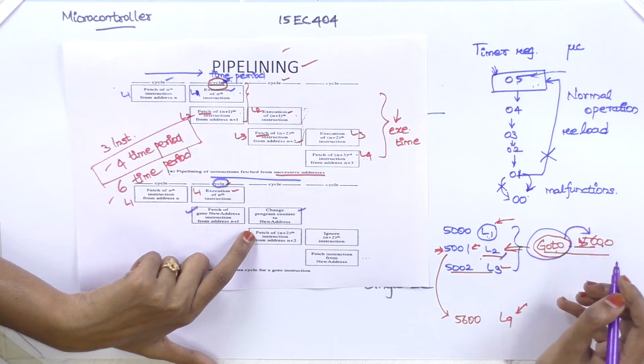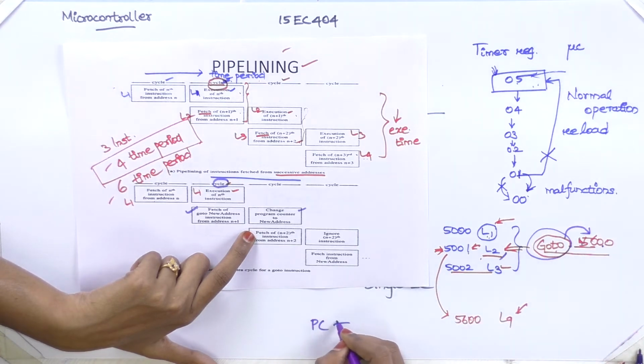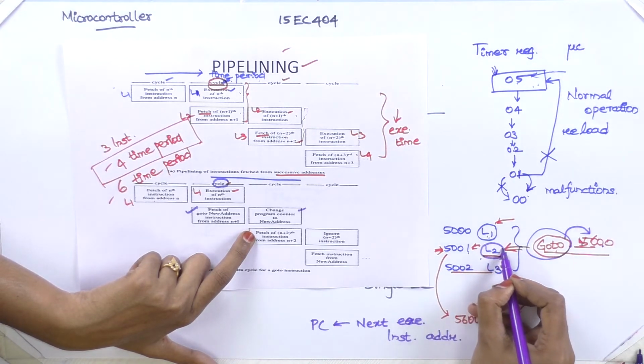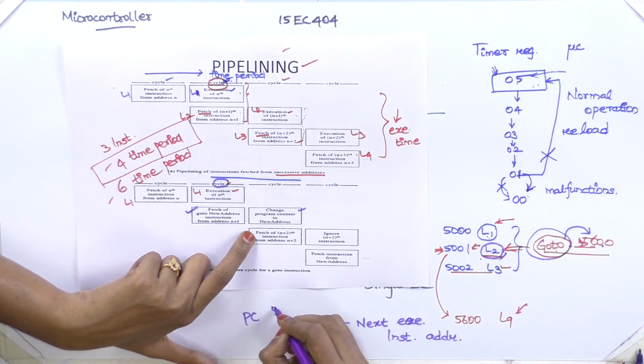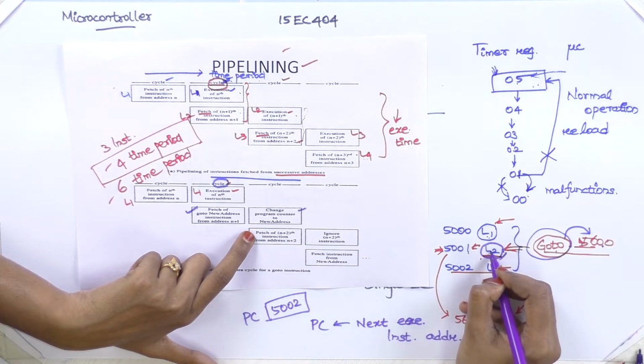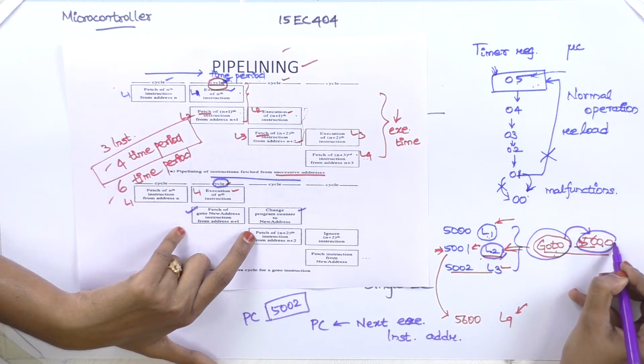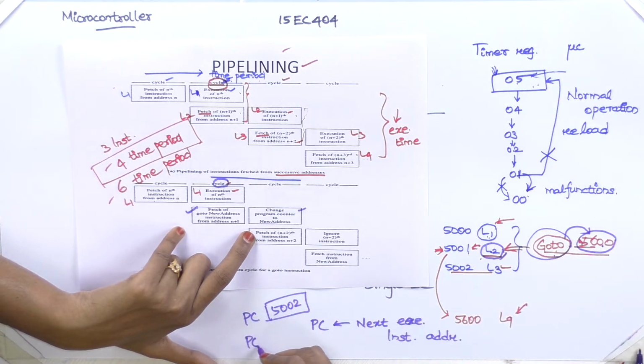As we know, the program counter holds the next executable instruction's address. So while fetching the L2 instruction, PC will have 5002. Now your controller is supposed to jump to 5600, so your PC value is supposed to change from 5002 to 5600.